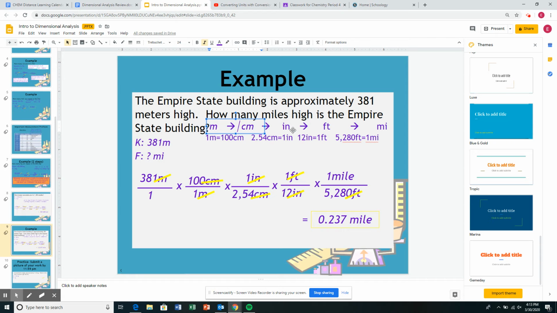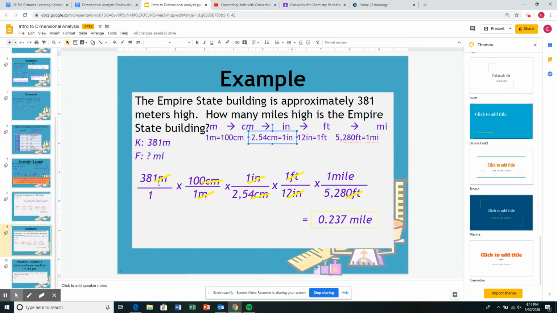We need to go from the metric to the imperial system and then to miles. So the easiest way to do this is through our conversion factor of 2.54 centimeters per 1 inch. So we need to go from meters to centimeters to inches, back out to feet, and then finally to our mile. Here's all of our conversion factors.